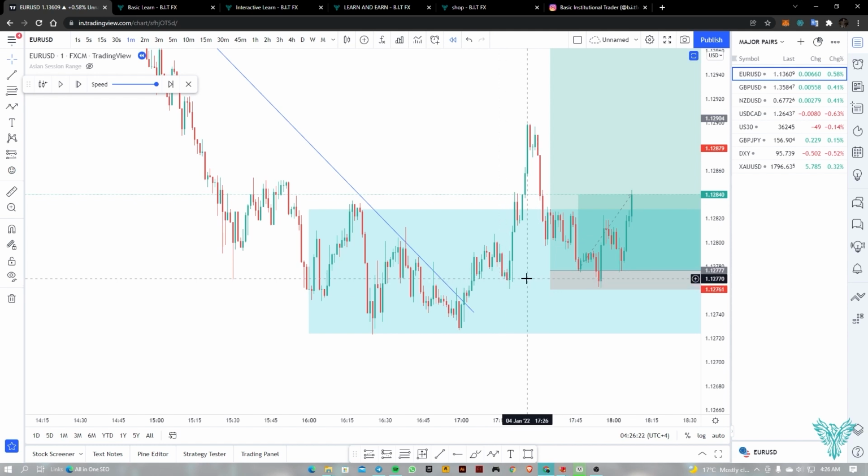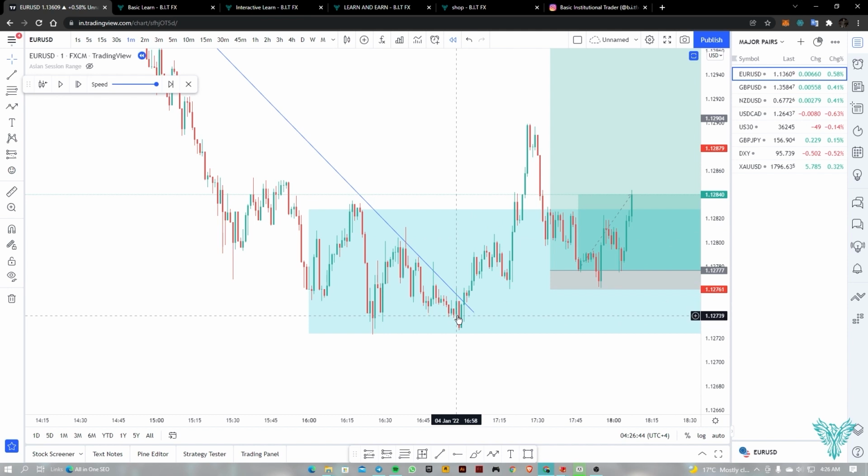If we were speculating and expecting that this order block might hold, or this order block might hold, we can see the strength of the order block. If we were to take a trade on this, did it actually break any structures?